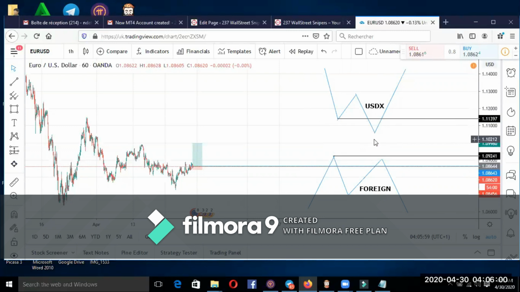You see the dollar index make a lower low, but foreign currency is unable to make a higher high, right? So that's when the banks are trading, that's when the banks are trying to play us into the market, trying to stop and reverse, and do exactly what we thought they were going to do if you try to change your mentality, right?